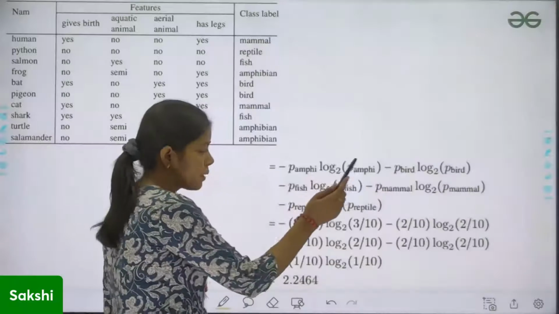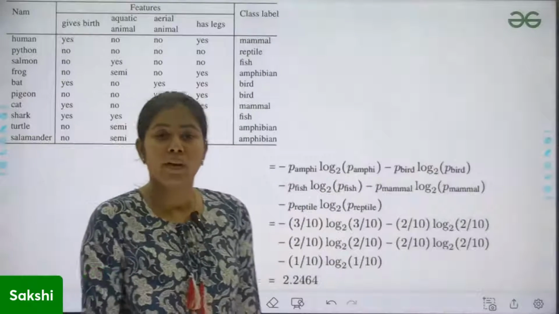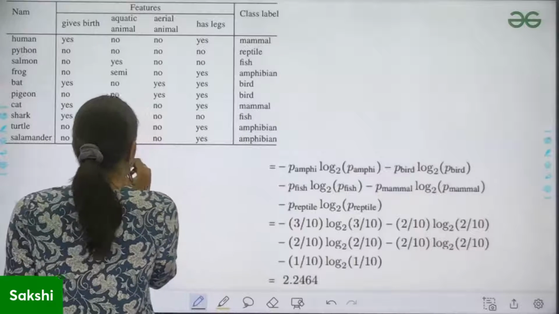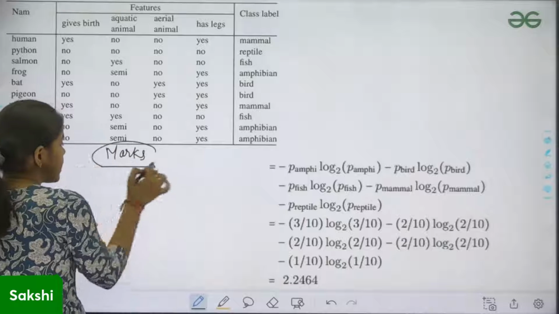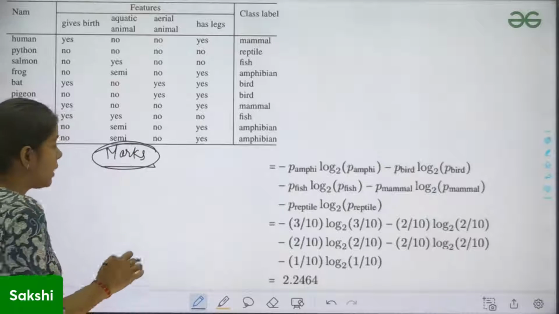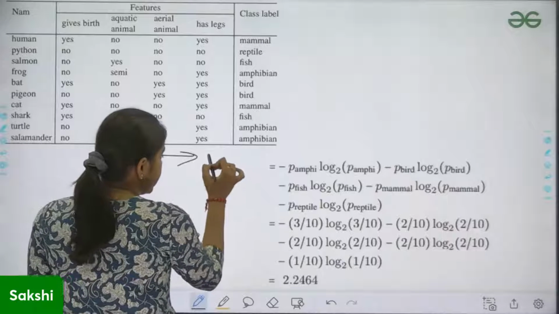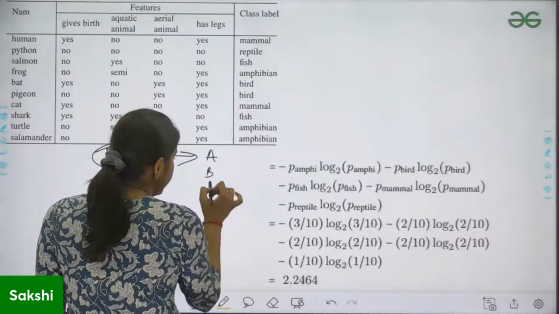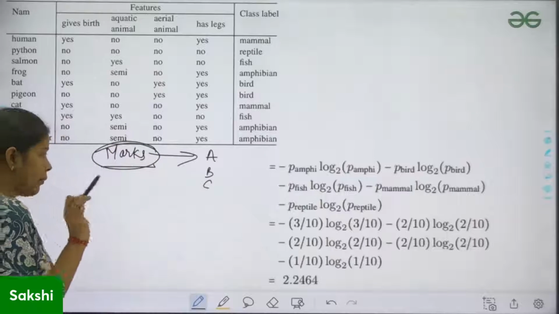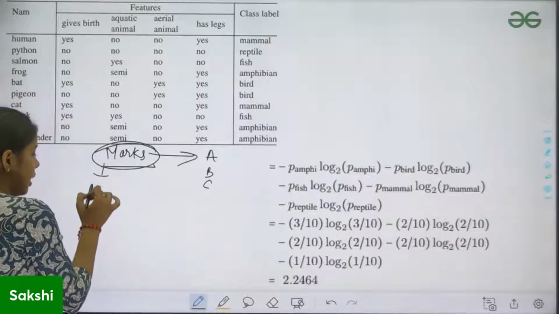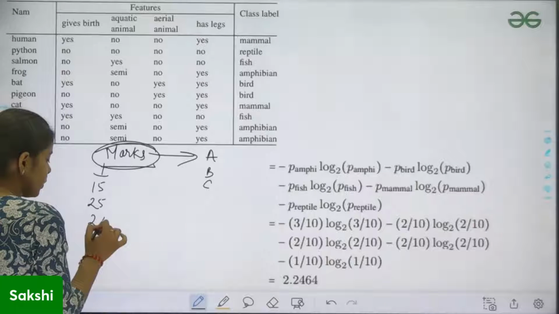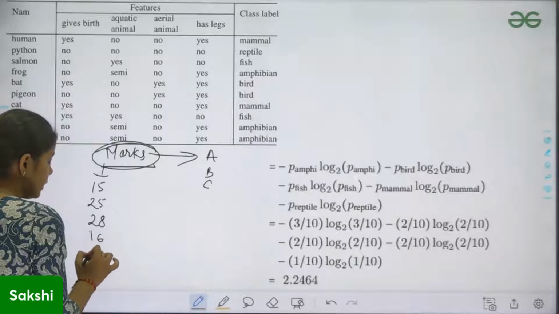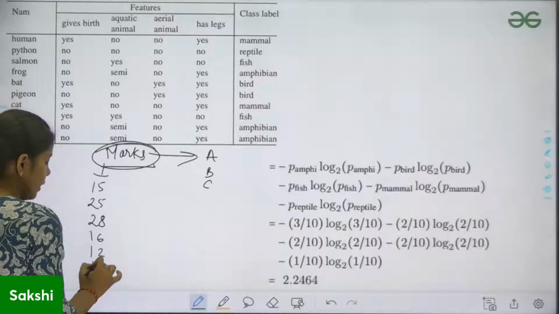Okay, so someone has asked what if we have a regression, so let's suppose we have marks. This marks is my numerical data, and using these marks, students get A grade, B grade or C grade. Let's suppose I got the marks 15, 25, out of 30 we have 28, and we have 16, 12, 10, 5.